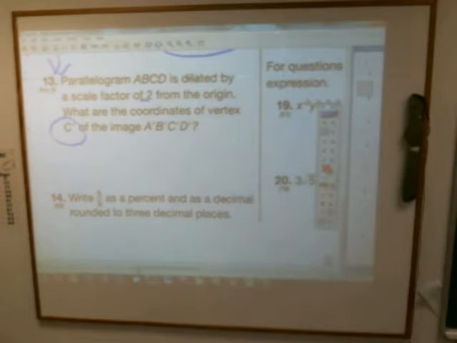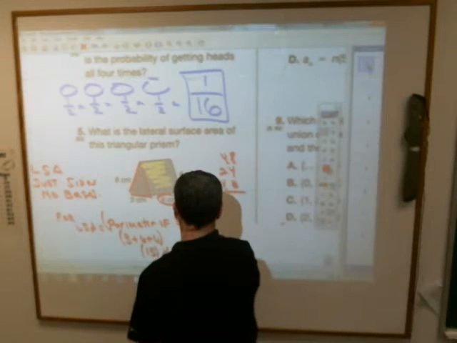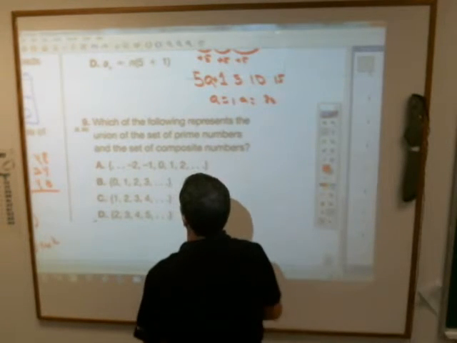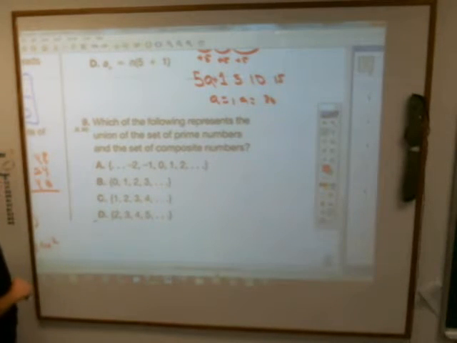Strutzel says, let's do one more. Number 9. Which of the following represents a union of the set of prime numbers and the set of composite numbers? Well, which of these describes the union of the sets of prime numbers and the sets of composite numbers?